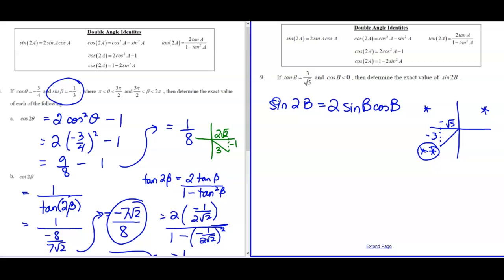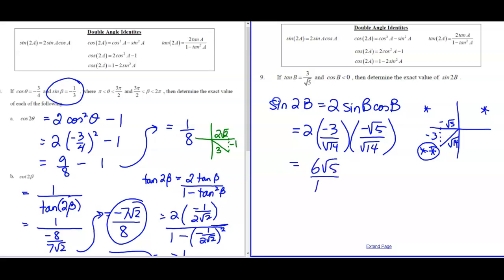So 3 squared is 9, plus 5 is 14, so this will be root 14. That's always positive. So this will be 2 sine of beta, or b, sine will be negative 3 over root 14. Cos is negative root 5 over root 14. So pretty straightforward. Positive 6 root 5 over 14 reduces.